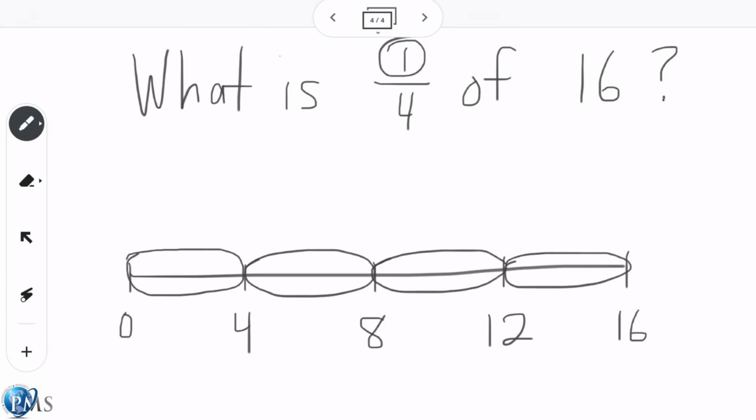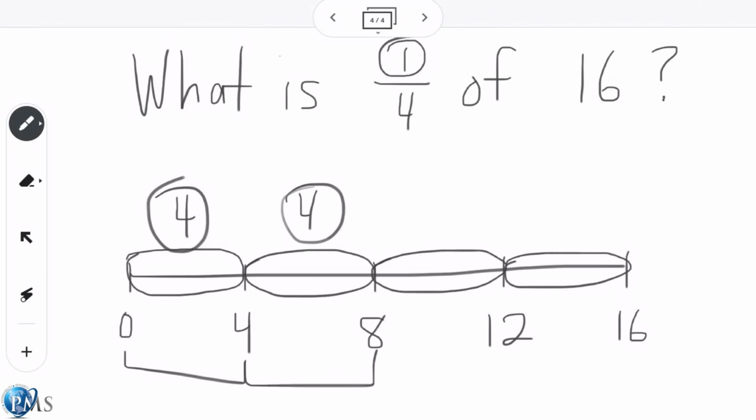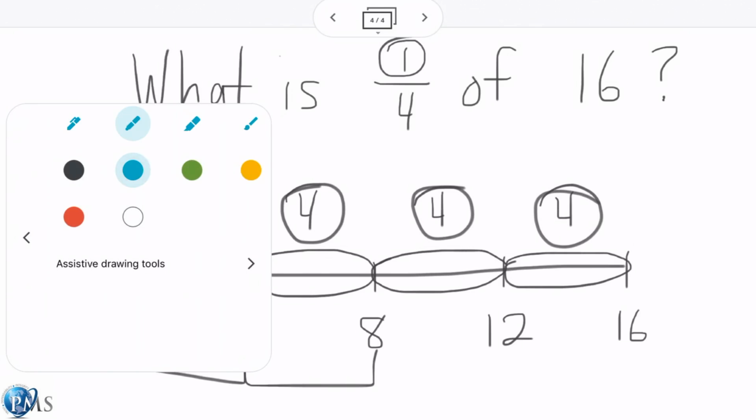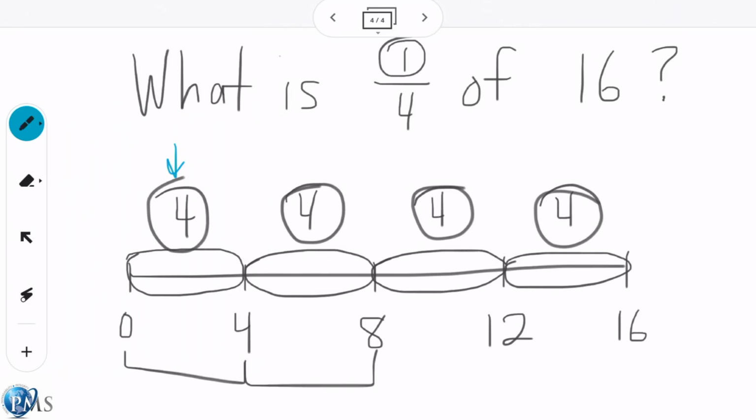Well, we kind of saw it before. Each one has a length of 4. Remember, from 0 to 4 makes 4. From 4 to 8 is another 4. So what does that mean? It means that 1/4 of 16 is simply equal to 4.